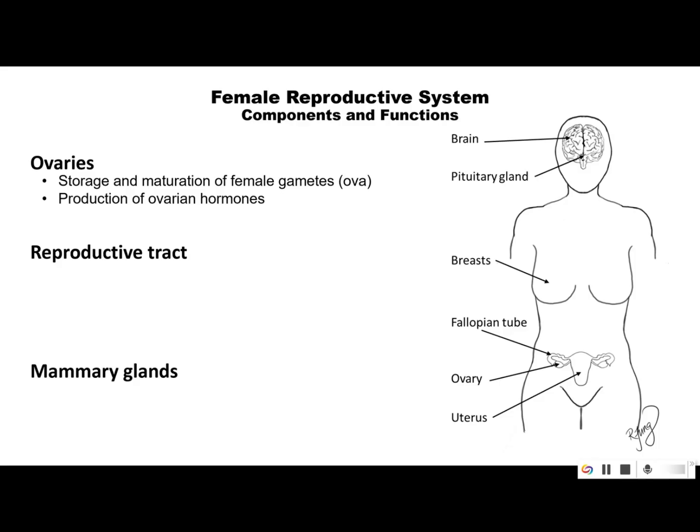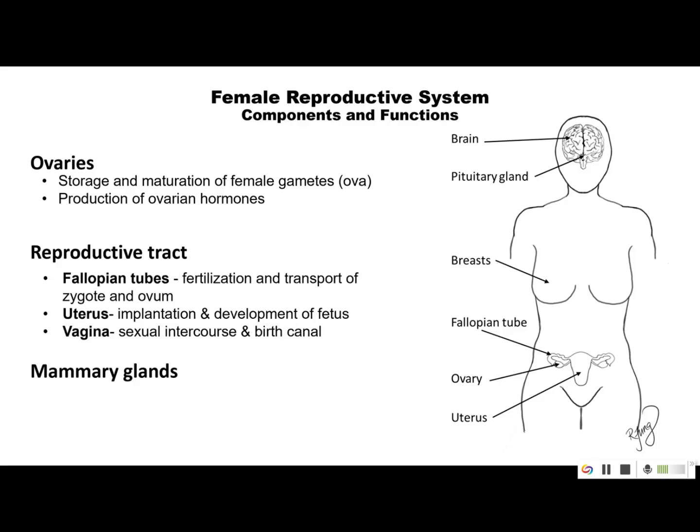The reproductive tract has three functionally distinct regions. The fallopian tubes, also known as the uterine tubes or the oviducts, are the main site of fertilization. They also serve as a passageway for transporting the zygote or the ovum to the uterus.